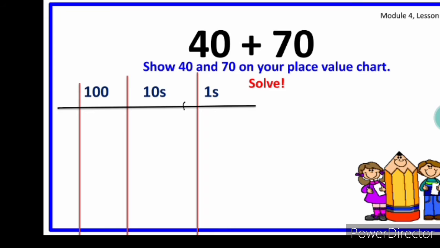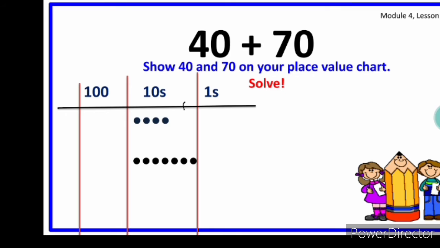We have 40 plus 70. So 40 is what? 4 tens. And 70 is what? 7 tens. So we just have numbers that will be represented in the tens part. So we have 4 tens and 0 ones for 40, and 7 tens and 0 ones for 70.